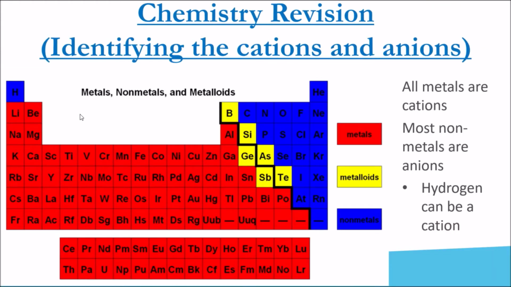Okay, in order to work out which ones are metals and non-metals, nice little periodic table you have here. Hydrogen is the only exception to this, but everything on the left-hand side of the periodic table are metals. Everything on the right-hand side are non-metals. You can see shaded in blue are non-metals, everything shaded in red is metals.